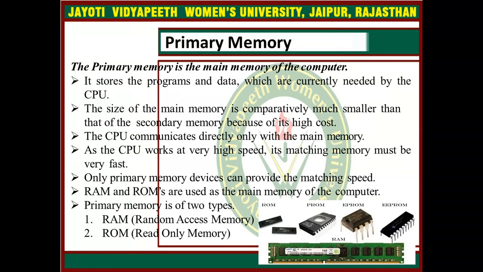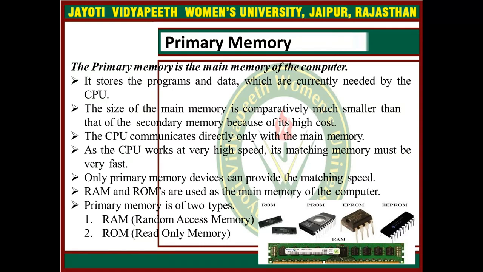Now come to the primary memory. The primary memory is the main memory of the computer. It stores the programs and data which are currently needed by the CPU, that is central processing unit. The size of the main memory is comparatively much smaller than that of the secondary memory because of its high cost.